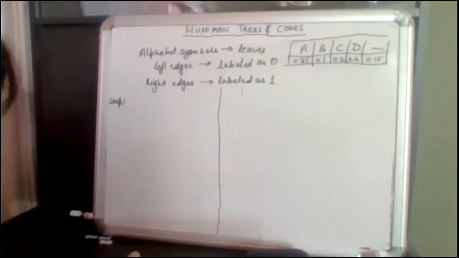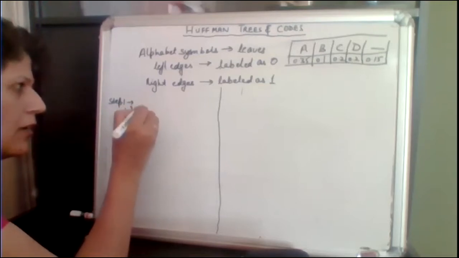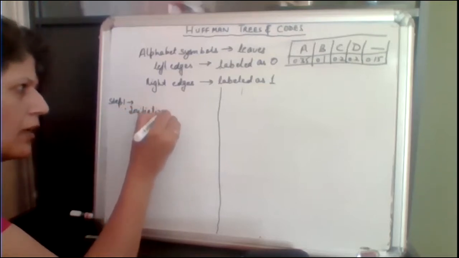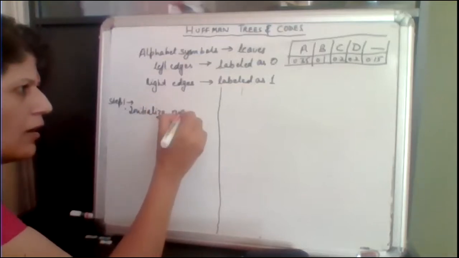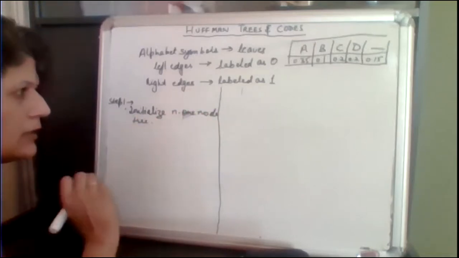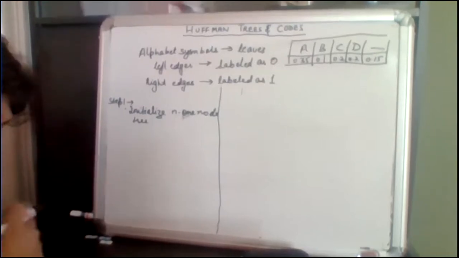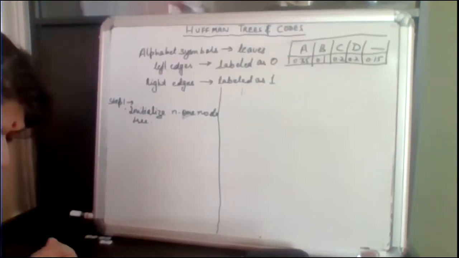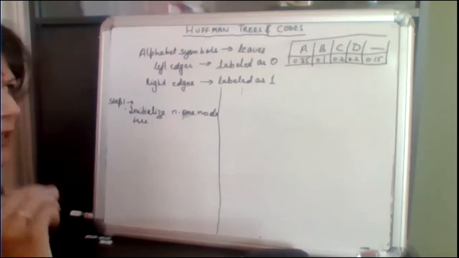The algorithm says the first step is to initialize n one-node trees, where you will have all the symbols of the alphabet labeled, and their frequencies are also included in the root to indicate the tree weight.